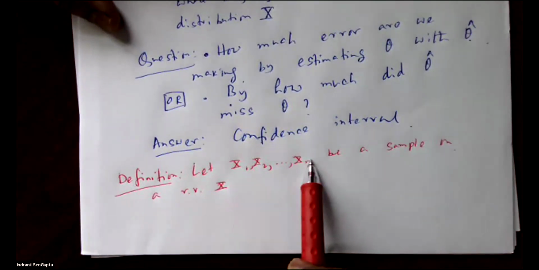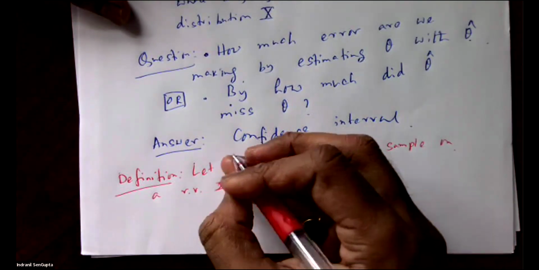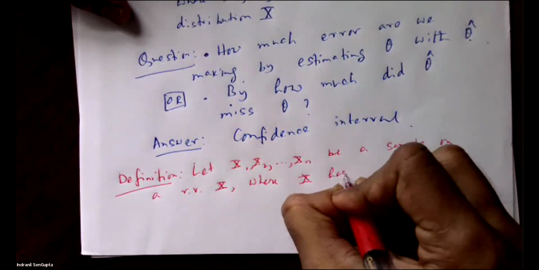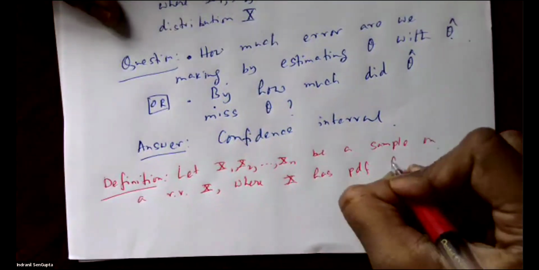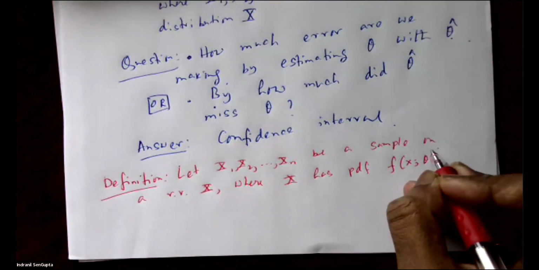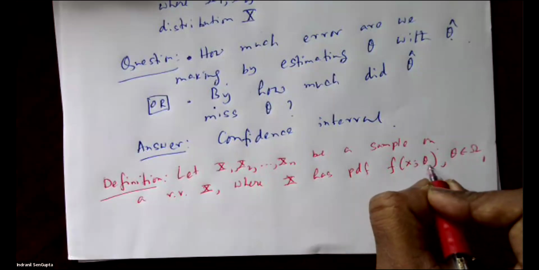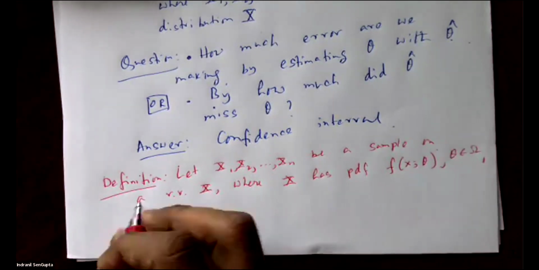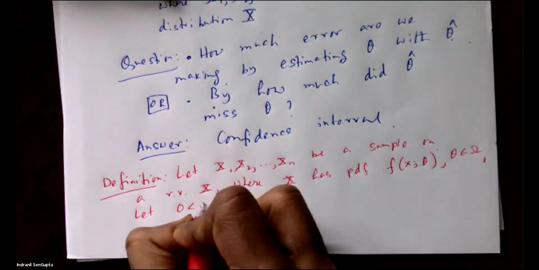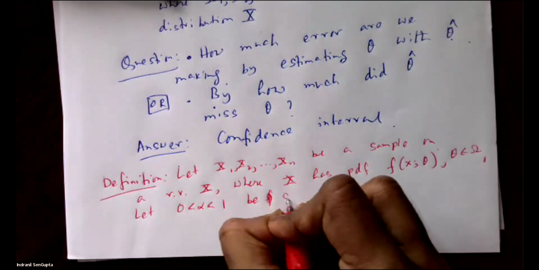These are IID, and the distribution is the same as the distribution of x, where x has PDF f of x comma theta. I'm assuming that x is continuous and has the PDF f of x, theta, where theta is in omega, and of course this theta is unknown. Let 0 less than alpha less than 1 be specified.